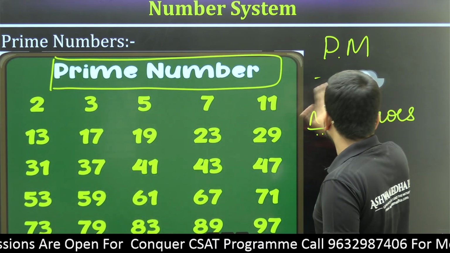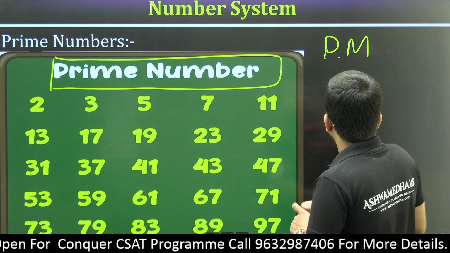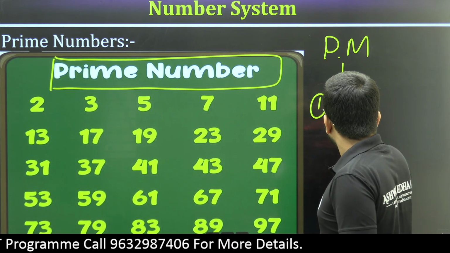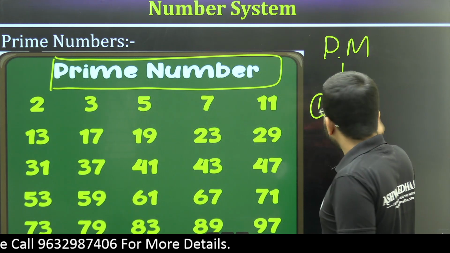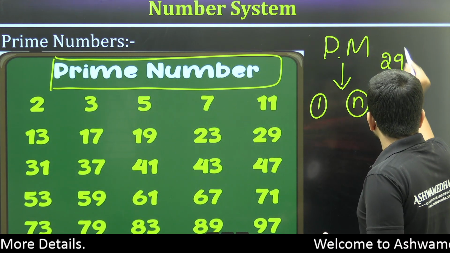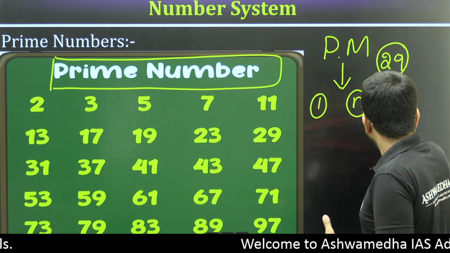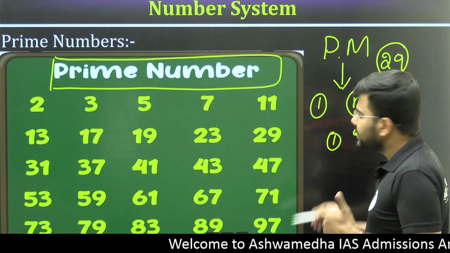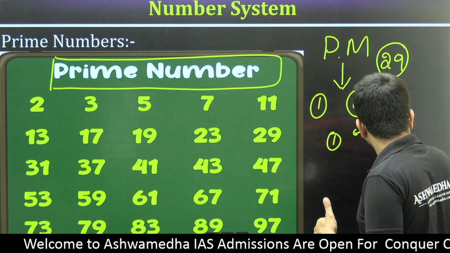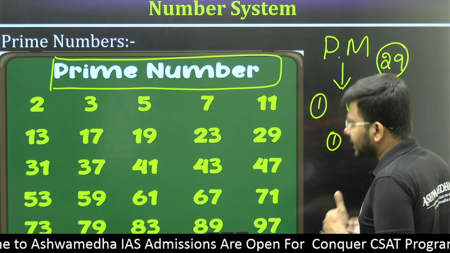Now, what is a prime number? Any number which is divisible by 1 and the number itself is known as a prime number. Example, if I take 29, this 29 has to be divisible by 1. Obviously, all the numbers are divisible by 1 and this number has to be divisible by the same number, that is 29.